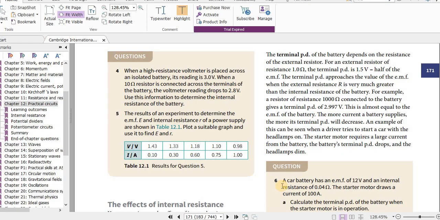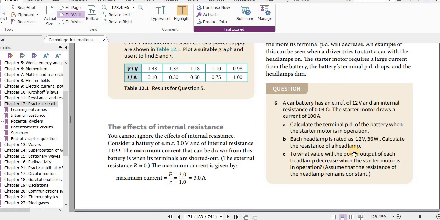The reason is because the motor requires a large current from the battery that will drop the terminal potential difference across the battery. This requires a large current from the battery, terminal potential difference across the battery drops and the headlamps dim.